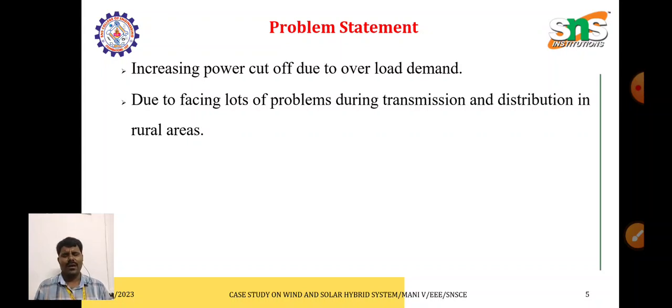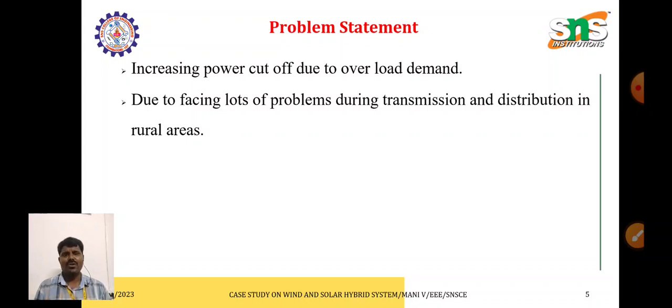So I think in 2007 and 2008, in a rural area, per day they were facing a minimum of 10 to 12 hours of power shutdown. And in the corporation, they were facing a minimum of 4 hours of power cut every day. It's because the power demand is always increasing.